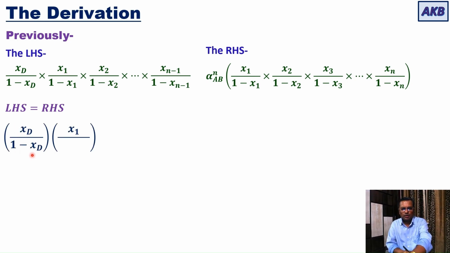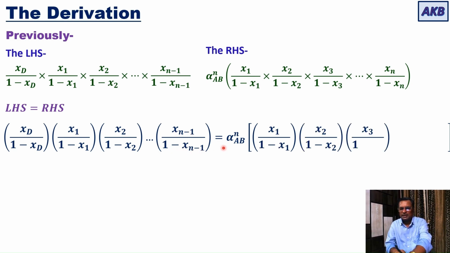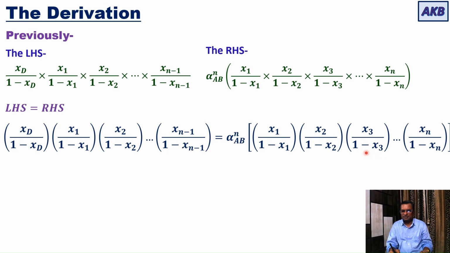So it will be xd upon 1 minus xd into x1 upon 1 minus x1 into x2 upon 1 minus x2 into the last term xn minus 1 divided by 1 minus xn minus 1, that is equal to alpha AB raised to n into the terms in the bracket: x1 upon 1 minus x1, x2 upon 1 minus x2 into x3 upon 1 minus x3 into the last term xn divided by 1 minus xn.